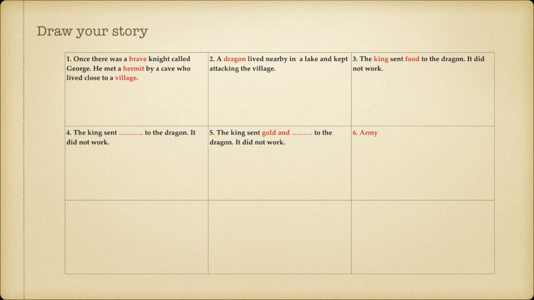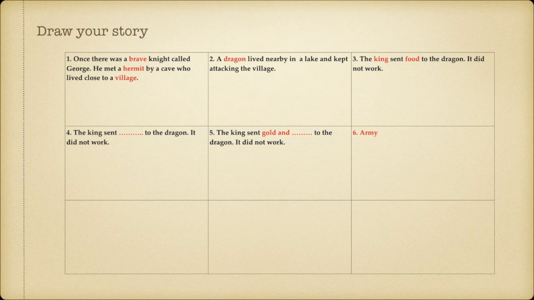Can you practice it and say it without reading or looking at the sentence? Rectangle number 5, the king sent gold and what else did he send? To the dragon. It did not work. Once again, need some images to go with that sentence. Can you draw images for rectangle number 5?